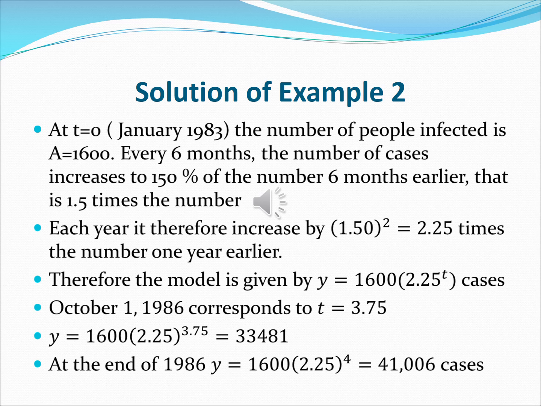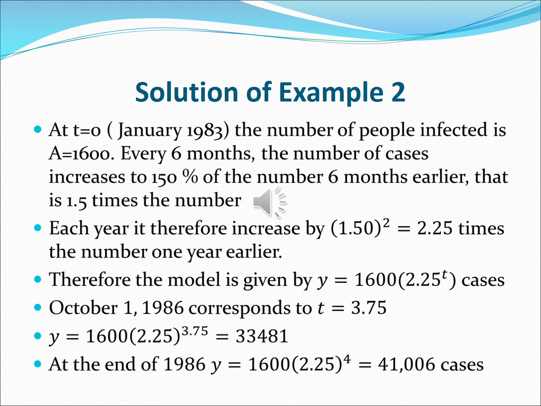Therefore, the model is given by y equal to 1600 times 2.25 raised to the power of t. This is the number of cases. The number of cases by October 1st, 1986 corresponds to t equal to 3.75.